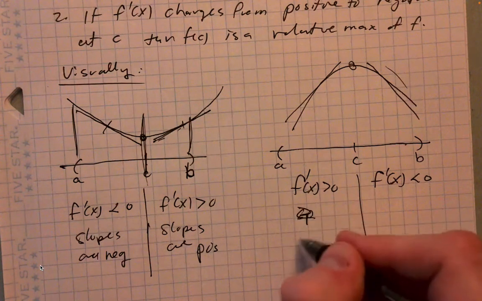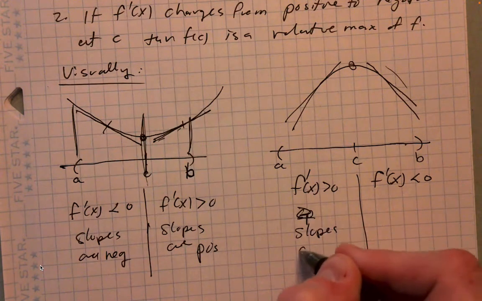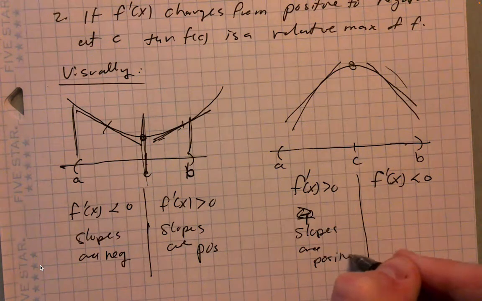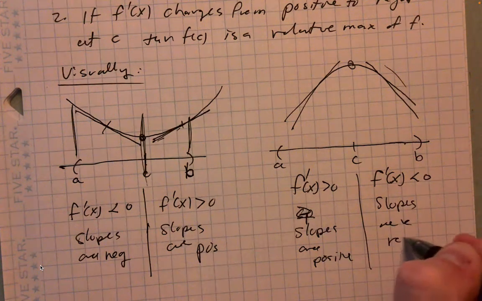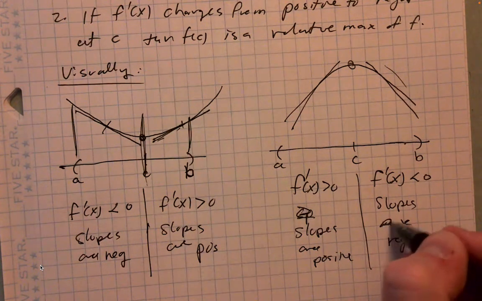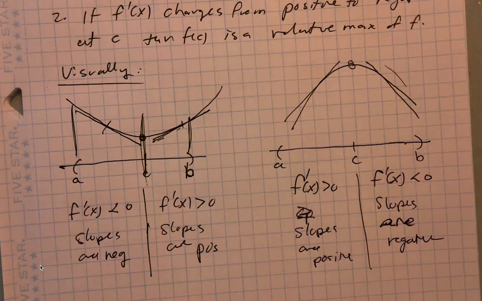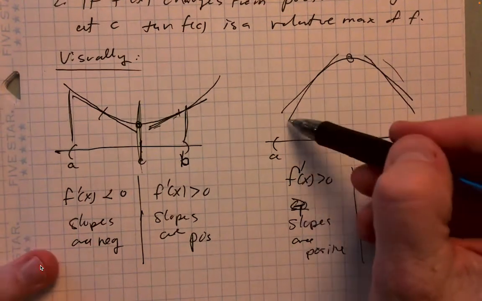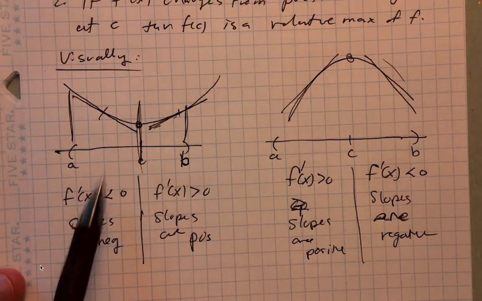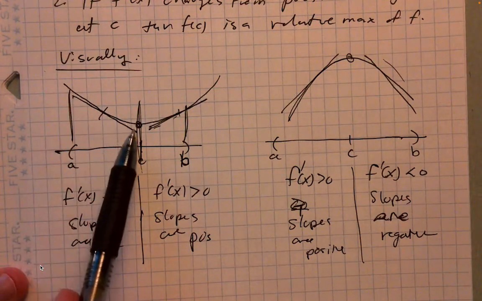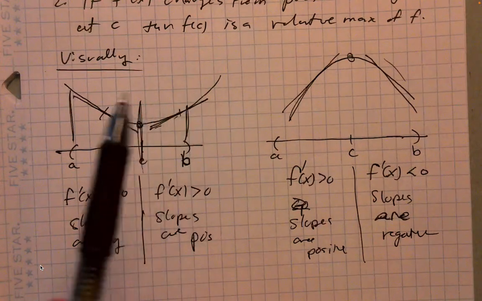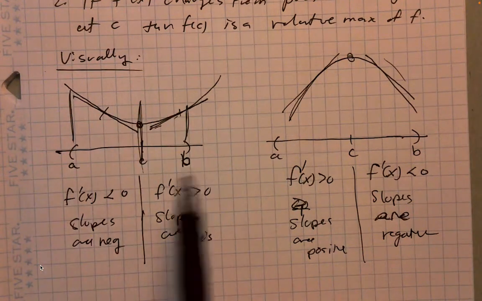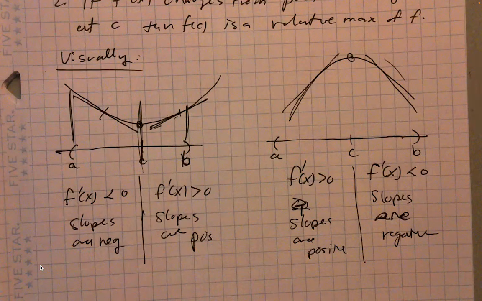Slopes are positive. Slopes are negative. Okay, hopefully that's intuitive. And so basically, if your slopes are all negative and then they suddenly hit 0 and then they all become positive, it should be obvious that that means that you have a relative minimum.